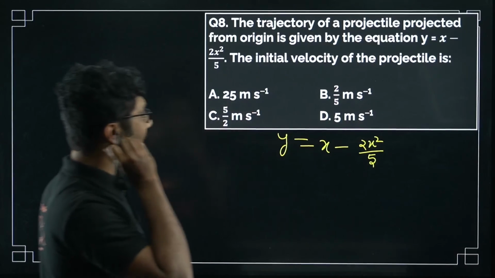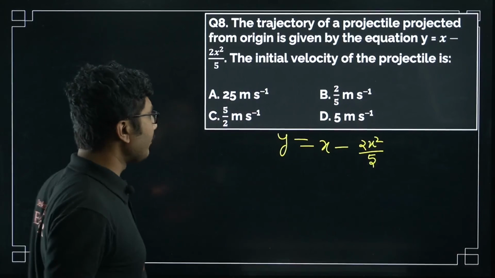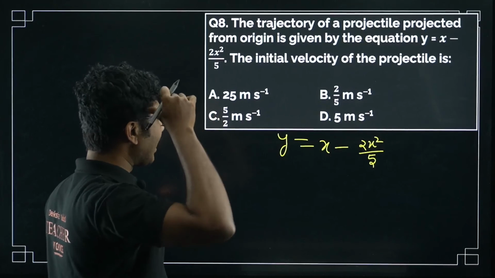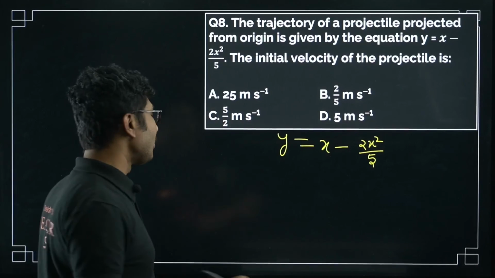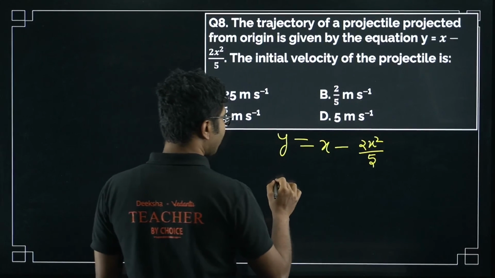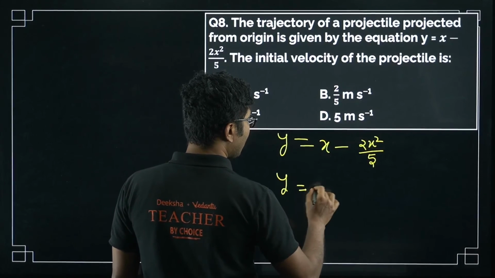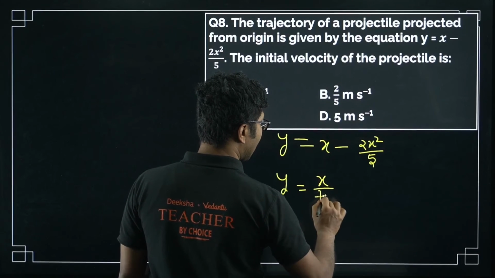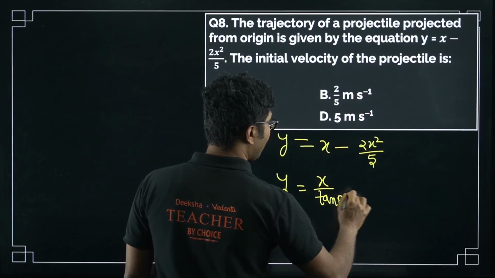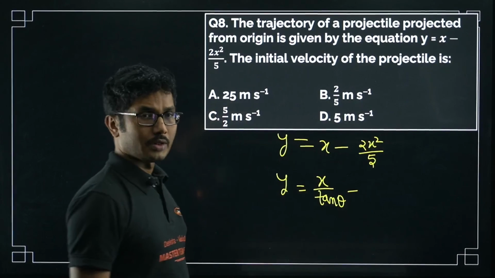Now you can use different formulas, but one of the easiest formulas to remember is y is equal to x tan theta minus some initial thing.